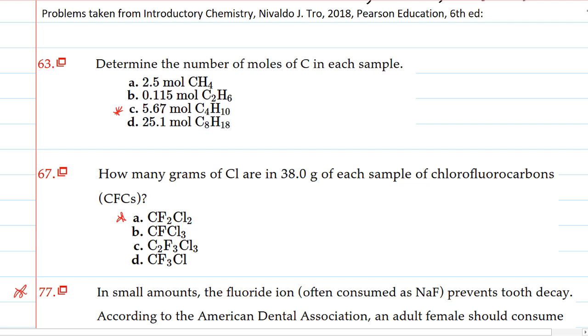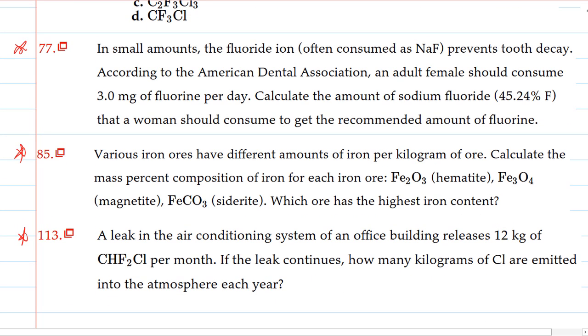Okay, and then I'll go down for the last three. Here's 77, 85, and 113. But now, you'll see a few people that have their books with today. If you have your e-books, remember you can get your e-books accessed through either Mastering Chemistry or etext.pearson.com.